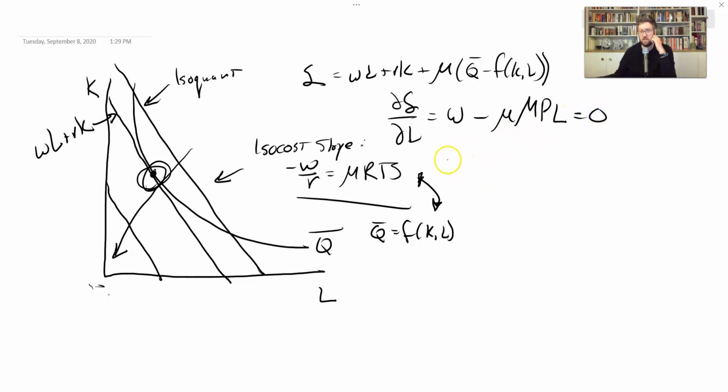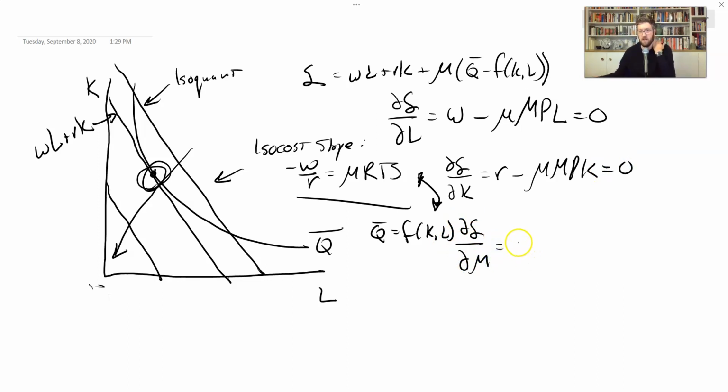Our next condition, with respect to K, is R minus mu times the marginal product of capital, equal to 0. And with respect to the Lagrange multiplier, Q bar minus F(K,L) equals 0.